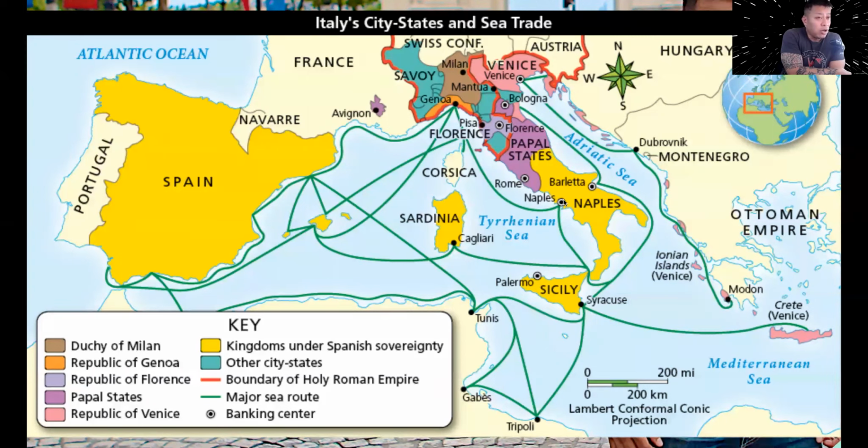These cities are close to the Muslim world, and they also are a part of the classical heritage. Florence, Milan, Genoa.